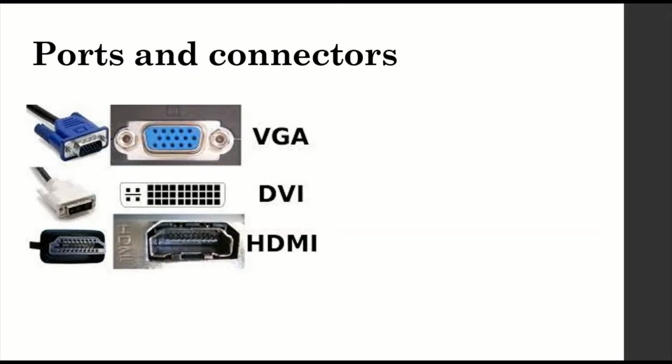The next line shows the port of HDMI technology, and on the left side it is the end of a cable that uses HDMI technology. So HDMI means High Definition Multimedia Interface. So a connector connects to a port.